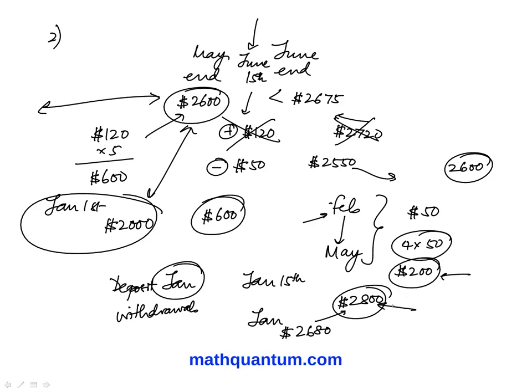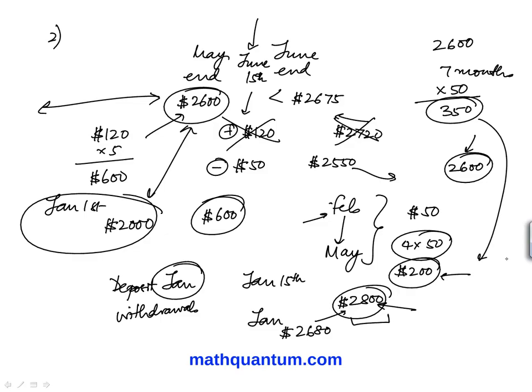But the key thing is the range, which is the difference between the greatest and the least value. 2,800 is the highest amount, and then I subtract the least, which in this case would be, I would have to go back to 2,600 at the end of May, and then for the remaining 7 months, there would be 7 withdrawals of $50. So we would be withdrawing $350. So the balance at the end of the year would be 2,600 minus $350, which would be $2,250.